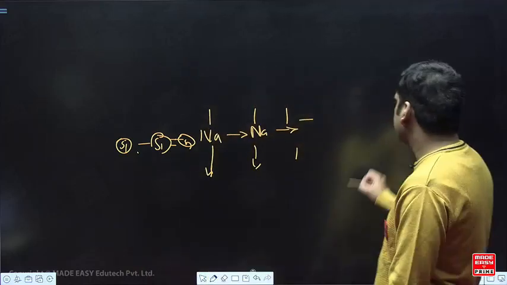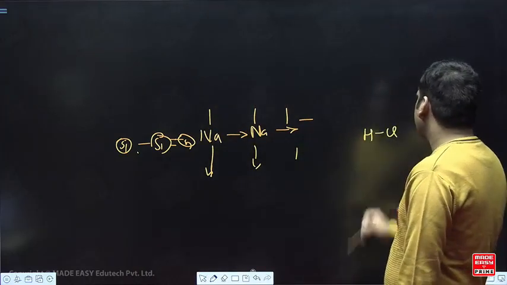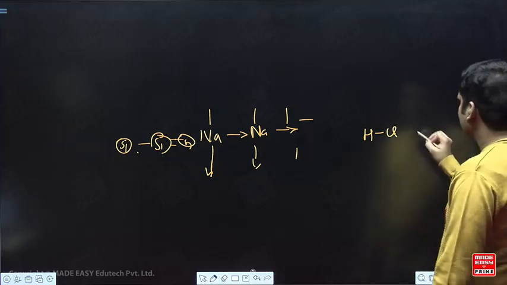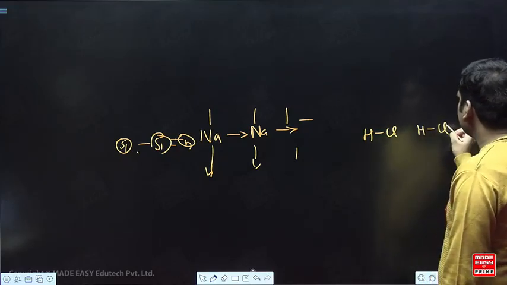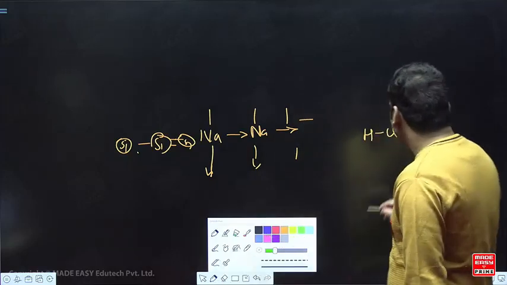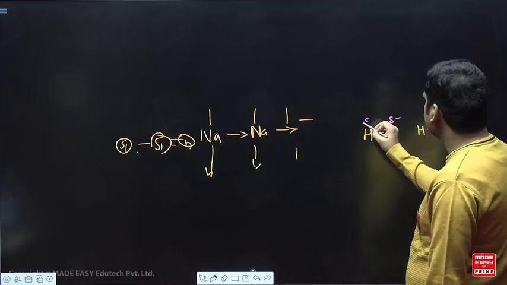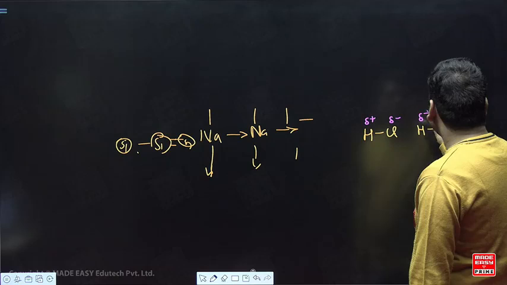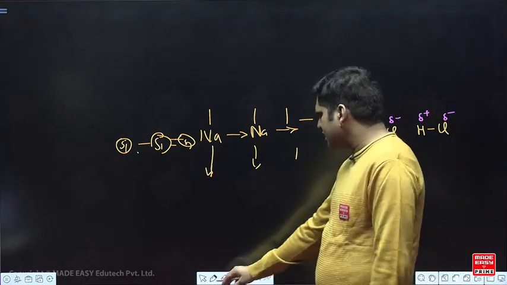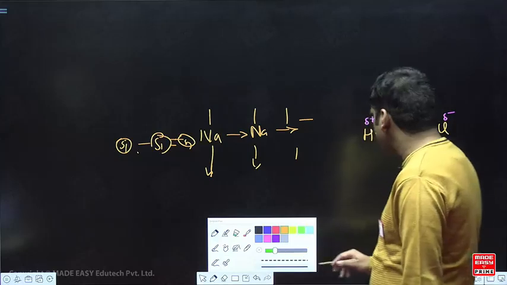But suppose HCl. Now this Cl will not make bond with any other H. Now these two molecules, how would they be connected? They can be connected like delta minus and delta plus, delta minus. They cannot share or transfer charge, so there is no possibility of making any other bond.